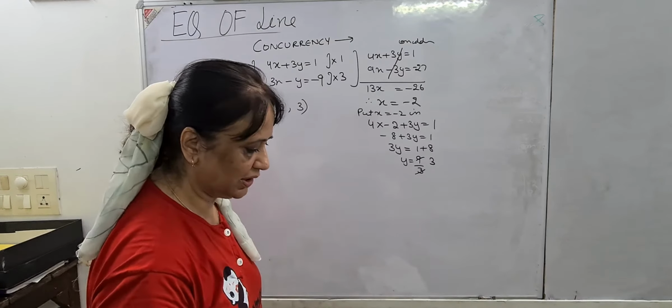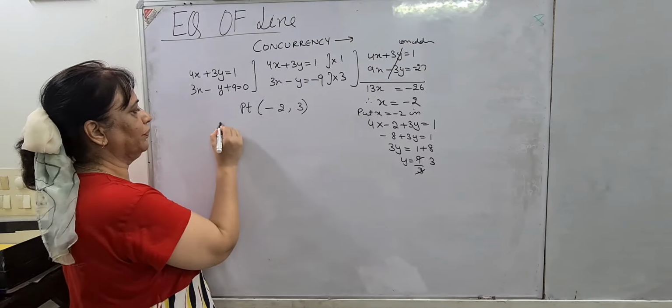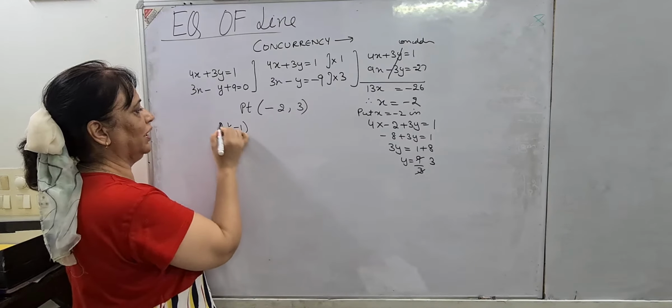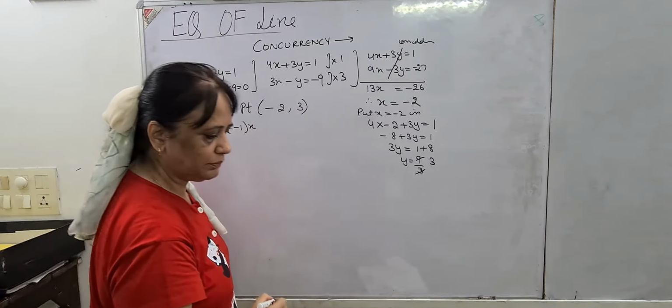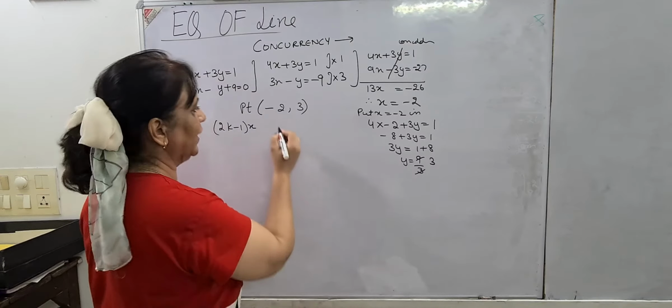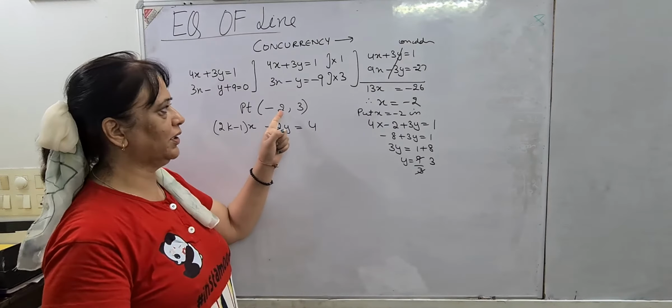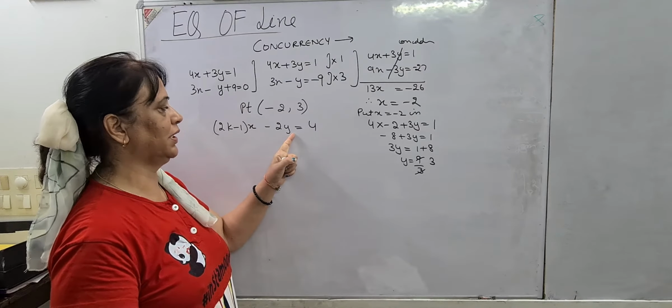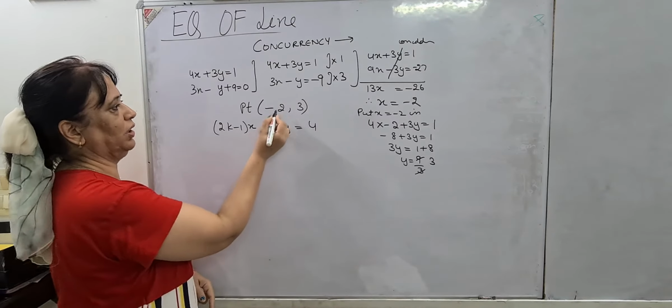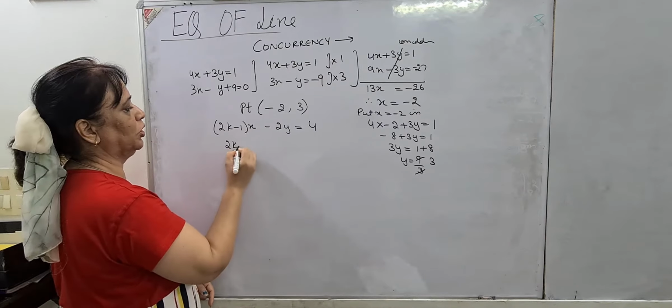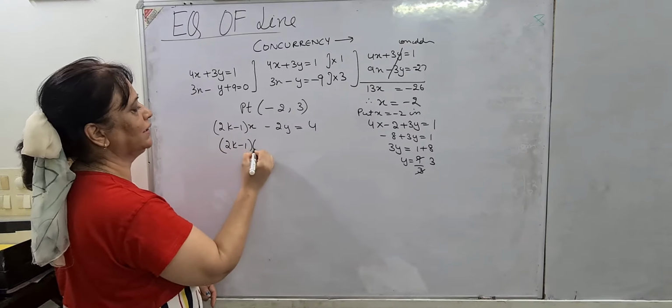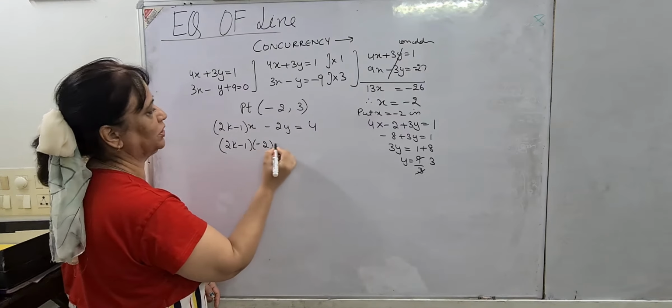This lies on the third equation. What is the third equation? 2k minus 1 into x minus 2y is equal to 4. Already the point lies on the equation. That means in place of x you have to put minus 2, because the point already lies. It has been given in the question.